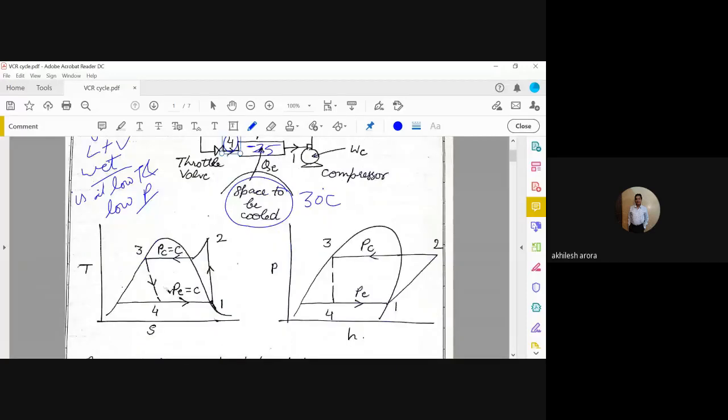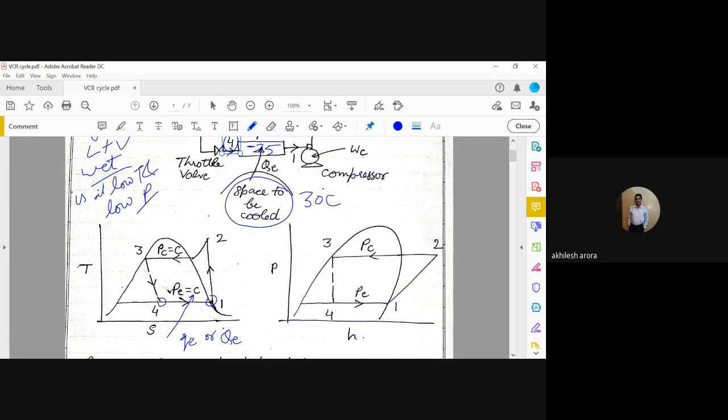You can see the TS diagram here. State point 4 is the wet state of the refrigerant, and state point 1 is the dry saturated vapor. This change has taken place because the refrigerant was initially wet, and there has been heat transfer to the refrigerant from the products to be cooled, represented by small q_E or capital Q_E dot. These terms you will understand later on.